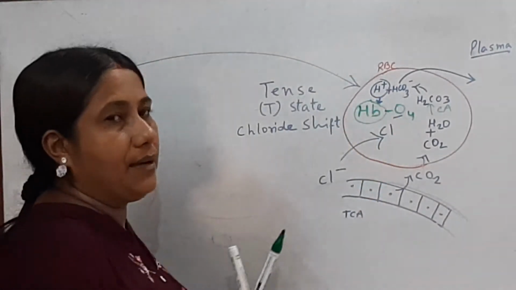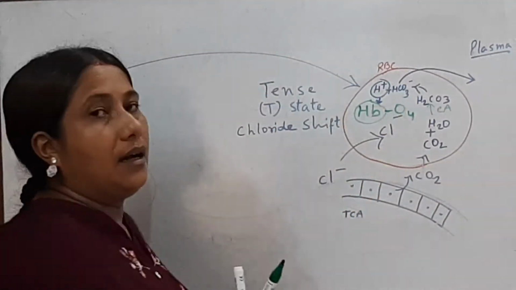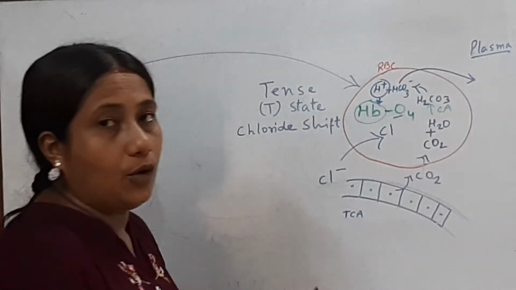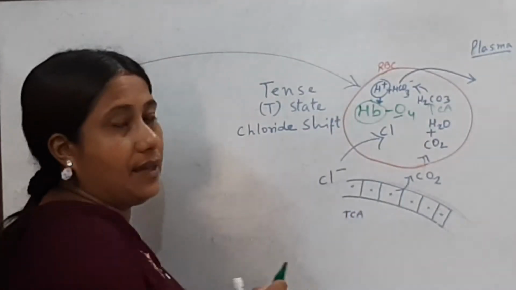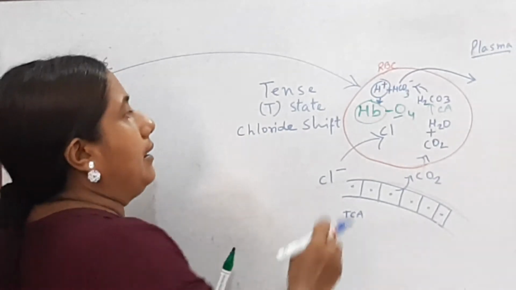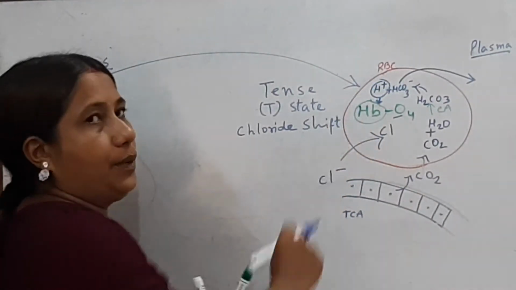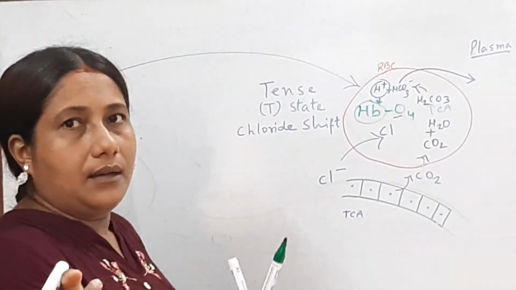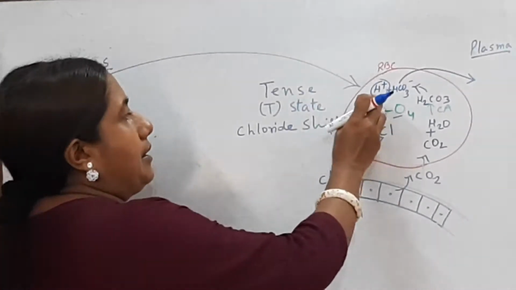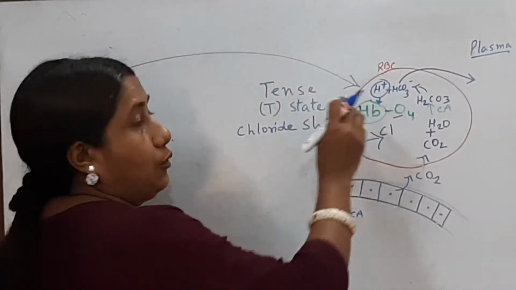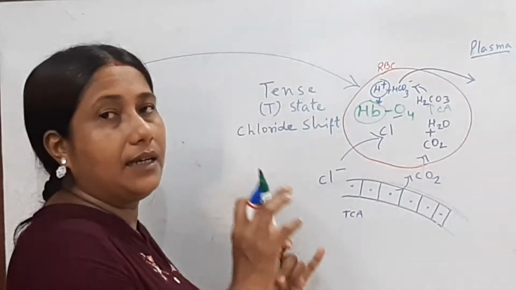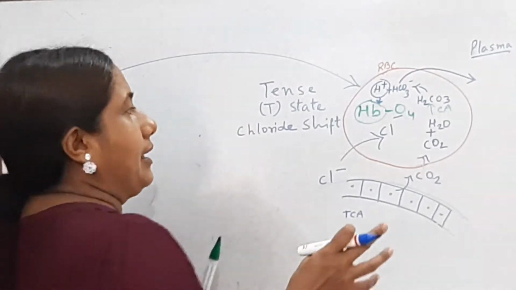So why does it happen? Because as soon as the proton gets joined with the hemoglobin, the salt bridges present in the histidine residue of the hemoglobin break. The salt bridges break between dimer 1 and dimer 2 of the hemoglobin.